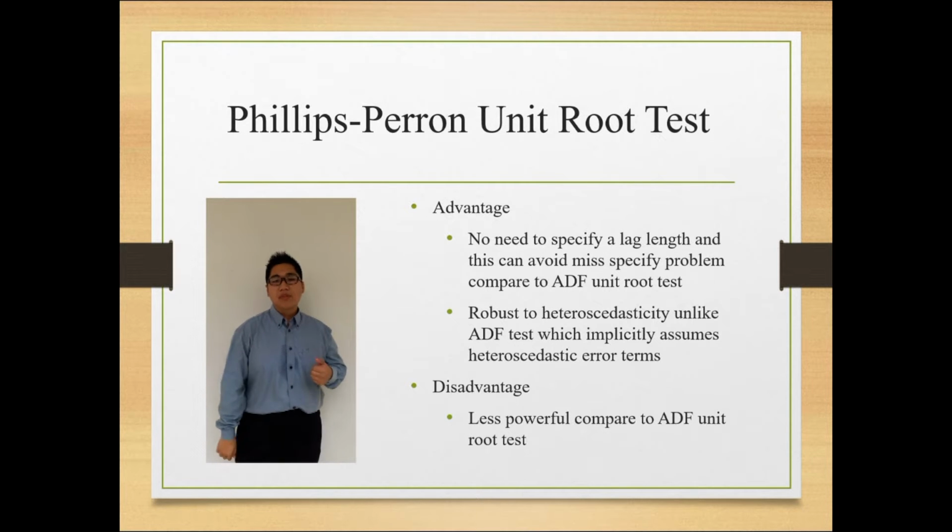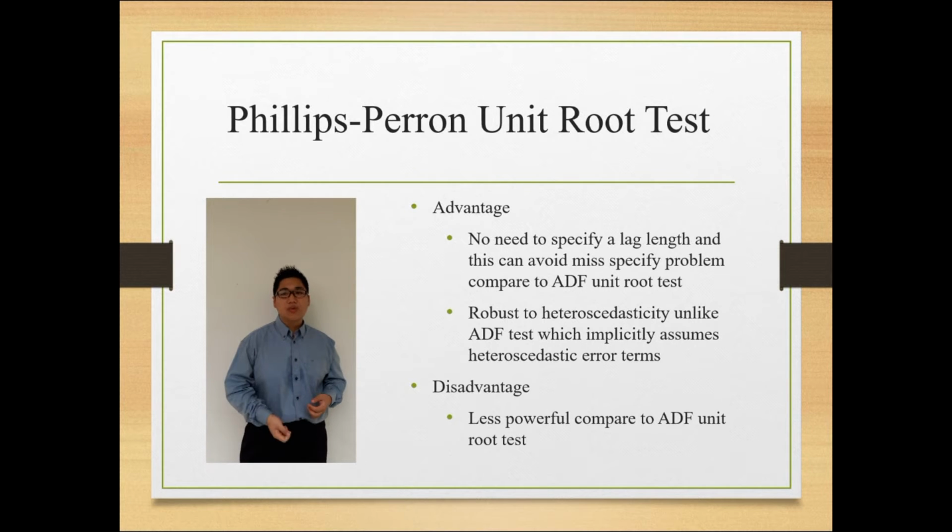However, the advantage of the PP test is that it does not need to specify the lag length, and this can avoid the misspecification problem compared to the ADF unit root test. The second advantage is that it is robust to heteroscedasticity, unlike the ADF test, which implicitly assumes a homoscedastic error term. However, one disadvantage is that it is less powerful compared to the ADF unit root test.